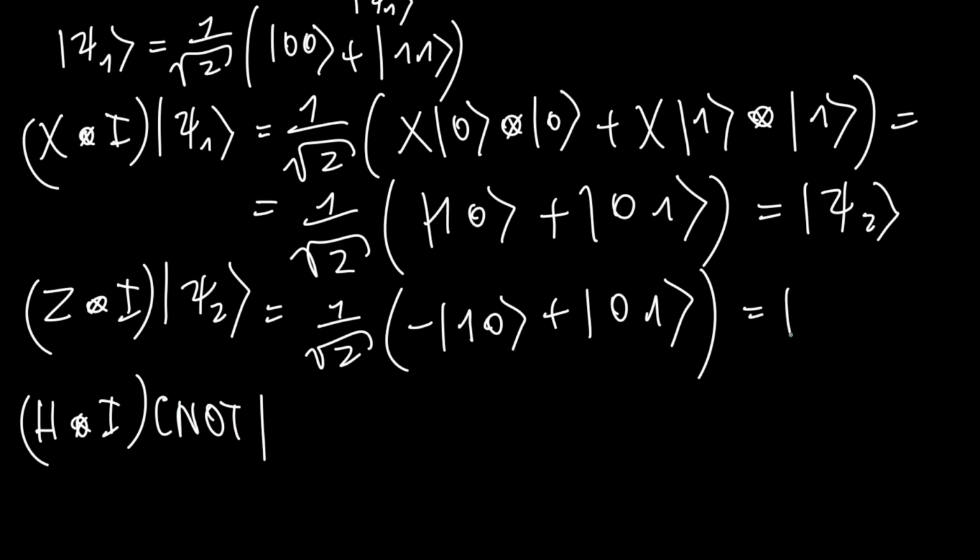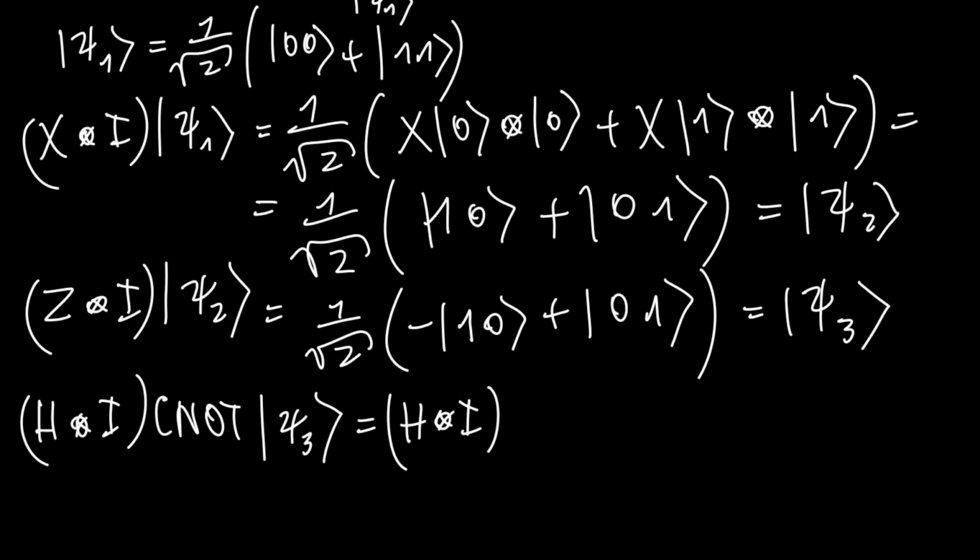Let's say this is psi3. So firstly CNOT, so the first thing doesn't change it because it's 1, so it's gonna be 1 1. This is 0, so it doesn't change the second one, so it's gonna be 0 1.